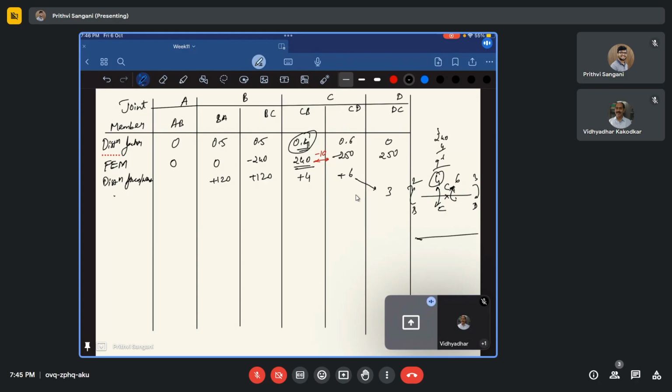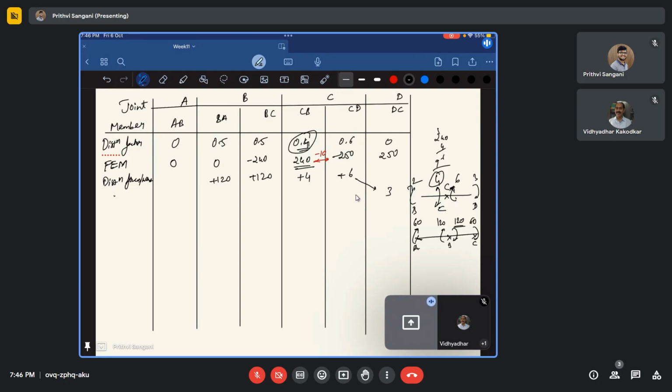Similarly, we have, this is A, this is B, and this is C. Now we have BC. How much do we have? We have a positive moment of 120 here. And in BA, how much is it? Again, it is a positive moment of 120. Because of a positive moment of 120 in BA, it will induce a carryover of 60, and because of BC, which is 120, it will induce a carryover moment of 60 in CB.